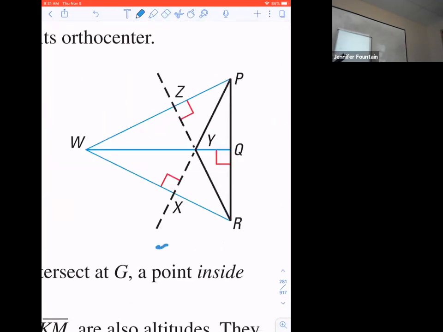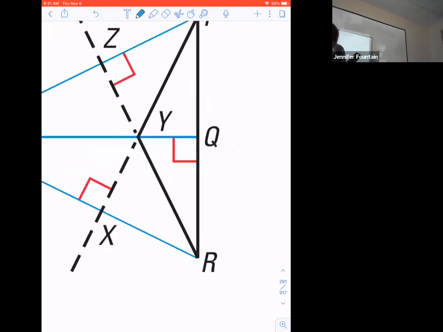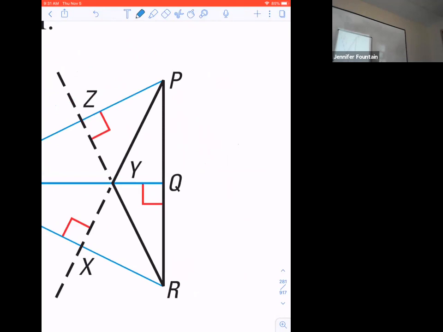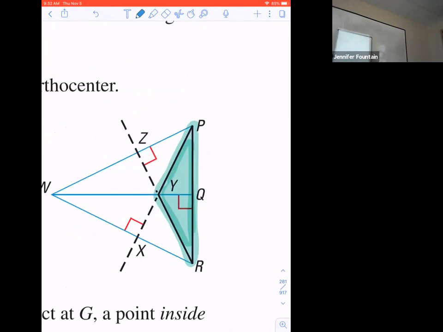Now let's look at this triangle. It says we have an obtuse triangle. Okay, this is the triangle we're talking about.